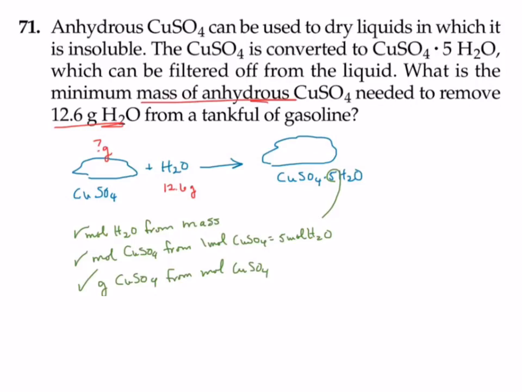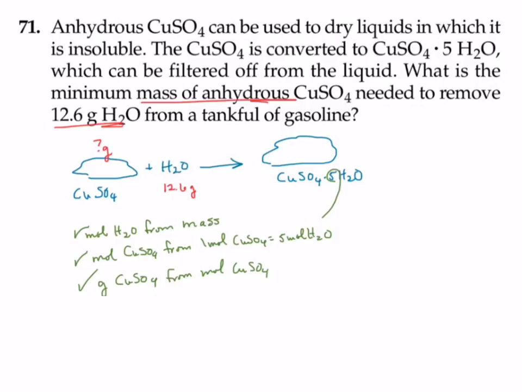Check it out. We're not drying it. We're hydrating it. Okay? So we're taking the anhydrous stuff, adding water to it, and getting the pentahydrate, that copper 2 sulfate pentahydrate. So basically, they want to know what is the minimum amount of this you need to start with in order to add that much water to it.